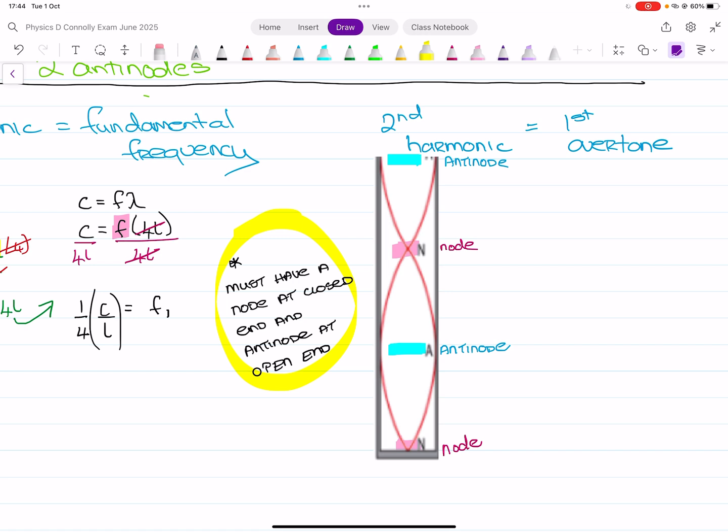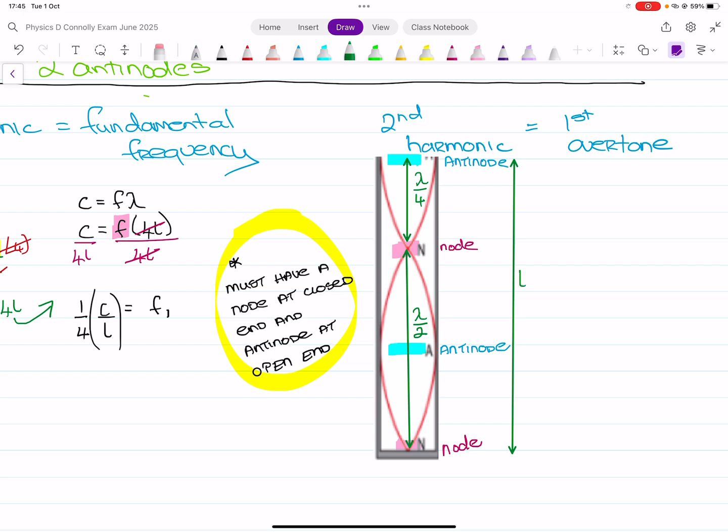Okay, so we're going to look at the length of this again. I'm trying to get this length from top to bottom. I'm going to break it up, because in here I have node to node, and up above, the distance from node to node is lambda over 2, half a wavelength. And then here I have node to antinode, which is a quarter of a wavelength.